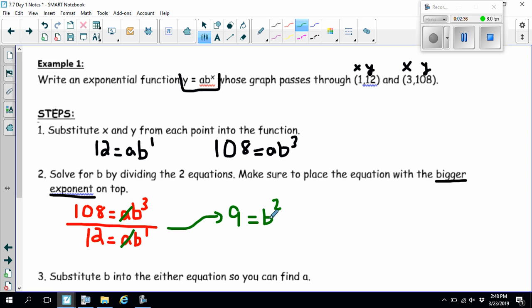So now what we want to do is get b all by itself. And in order to do that, we're going to get rid of the square. So we're going to take the square root because that's the inverse. So now we get b equals 3. Now, once you have solved for your b value, our step 3 is that we're now going to substitute b into either equation so you can find your a value.